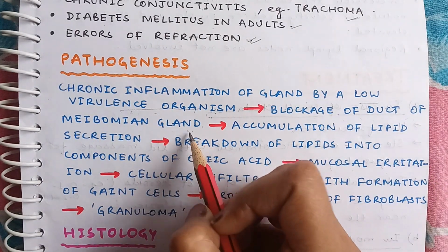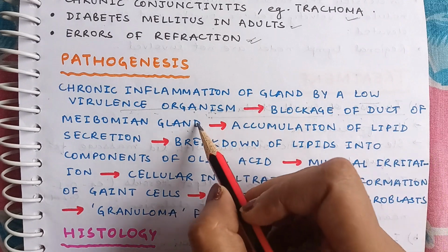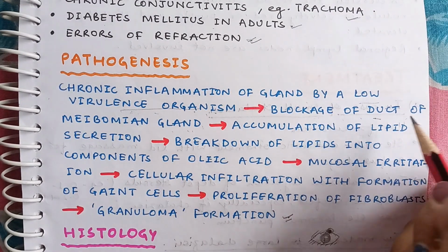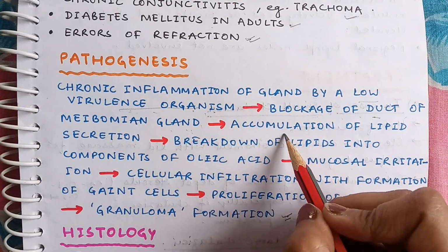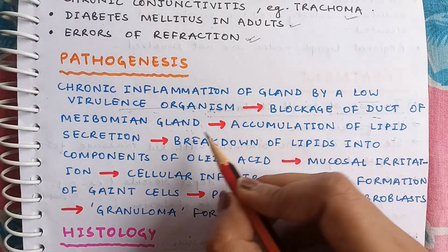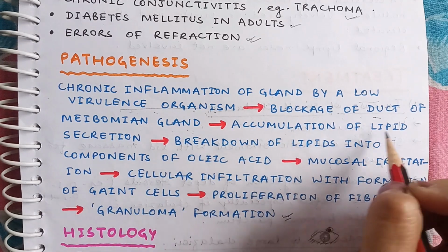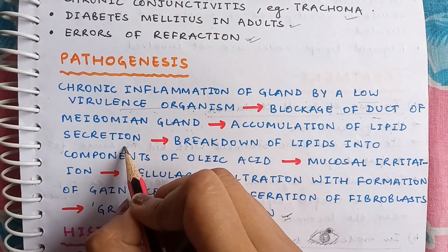As a result of the chronic inflammation, the meibomian gland's duct gets blocked. Next is accumulation of lipid secretion. Due to the blockage, lipid secretion accumulates there.